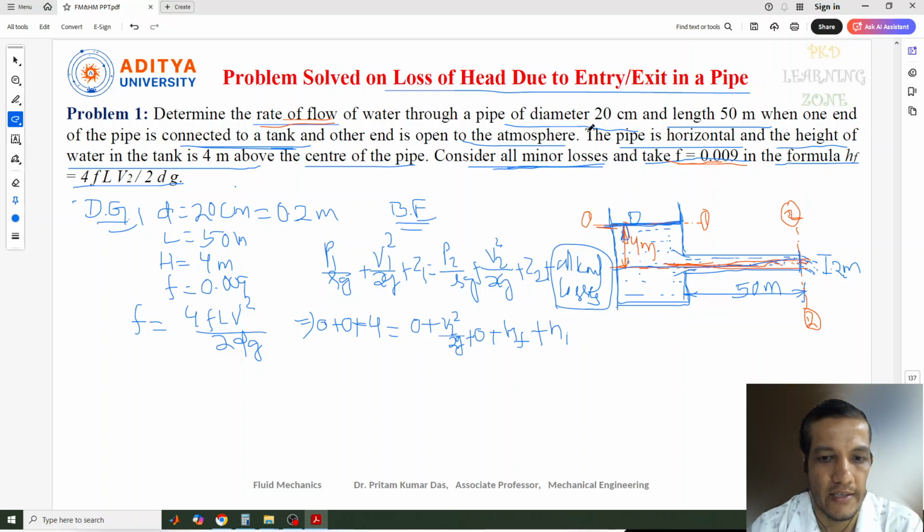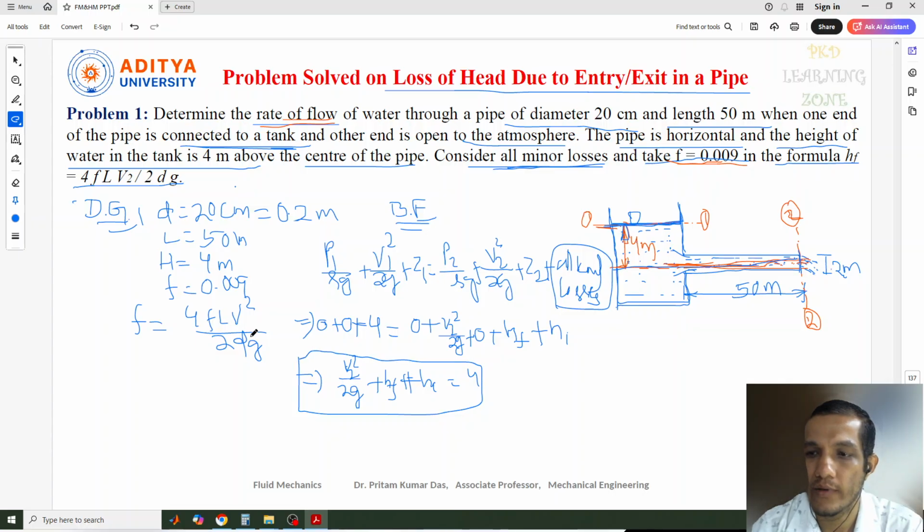These two we consider. Finally we can write V2 square by 2g plus HF plus HI equals 4.